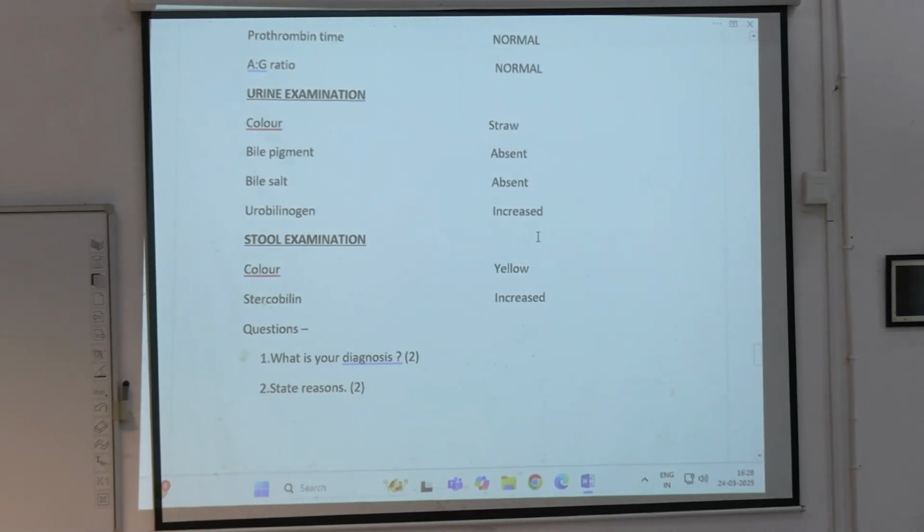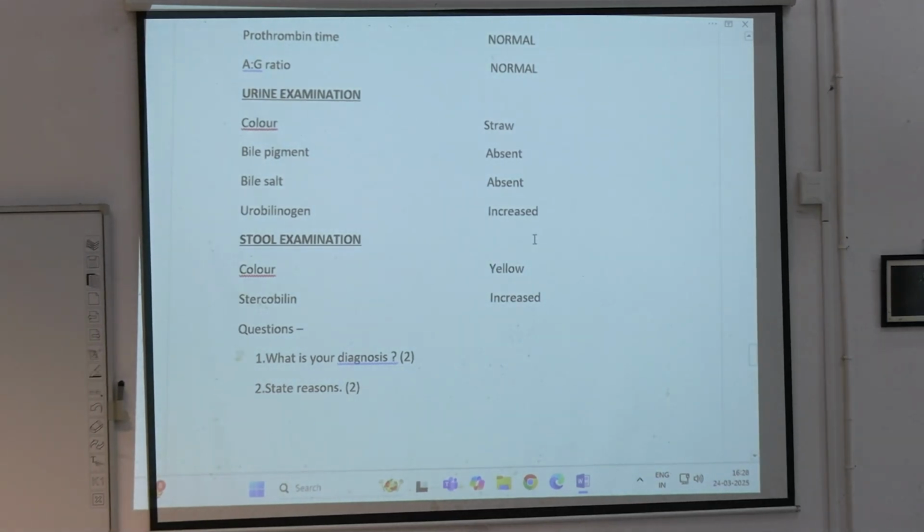And stool examination: color of the stool is yellow and the portion of stercobilin is increased. So yellow color of the stool is attributed to the presence of stercobilinogen, and on oxidation with air it converts to stercobilin. So what is your diagnosis?